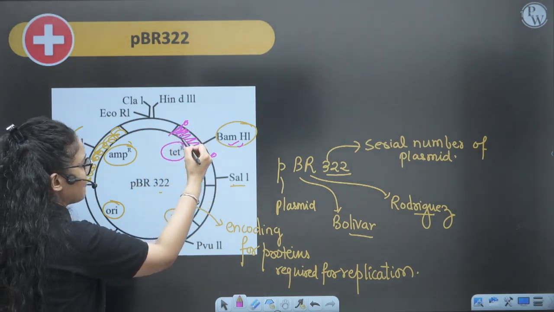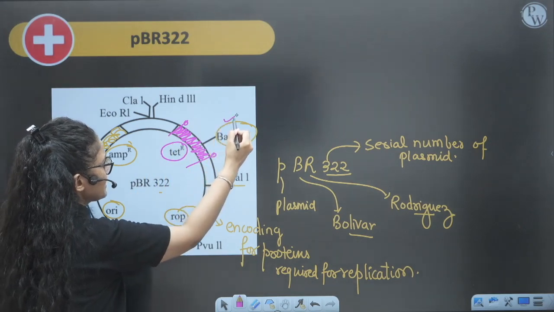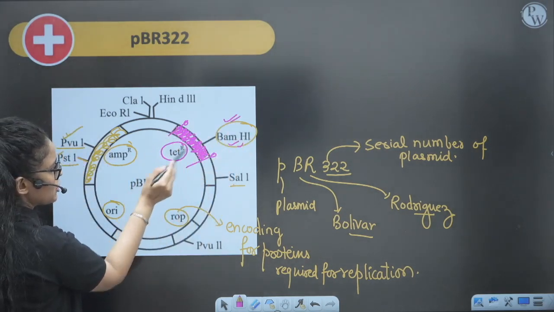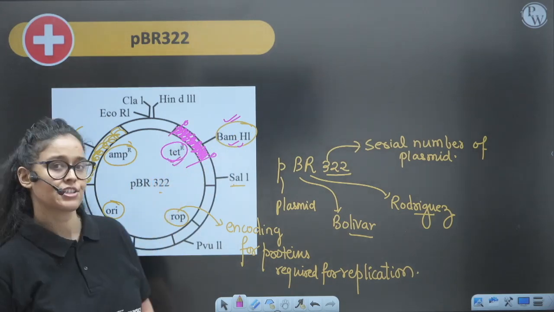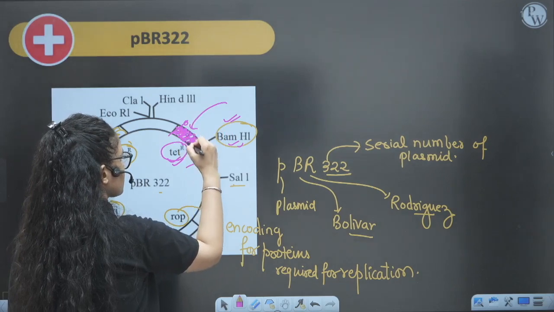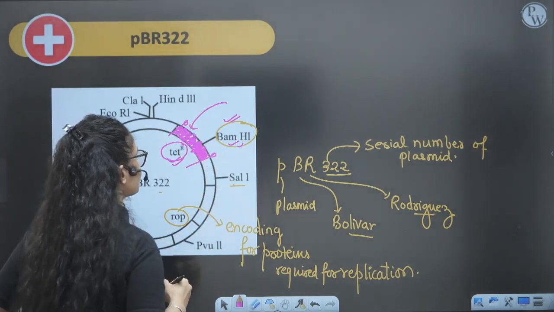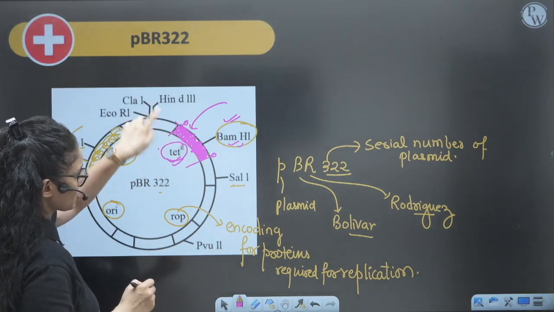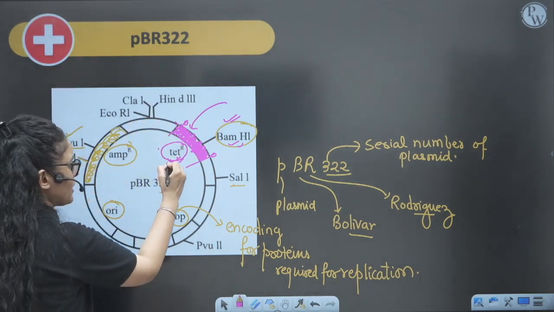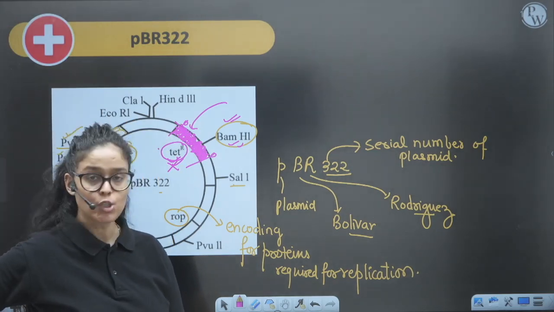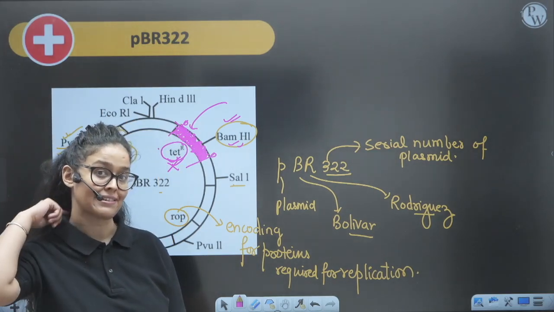That means I have used the BamHI enzyme to cut the part of the gene which was part of the tetracycline resistance gene. And now I will paste my gene of interest here. So what I have done is insertional inactivation of tetracycline resistance, meaning the tetracycline resistance gene is now inactivated. It will not produce any resistance to tetracycline now, right?